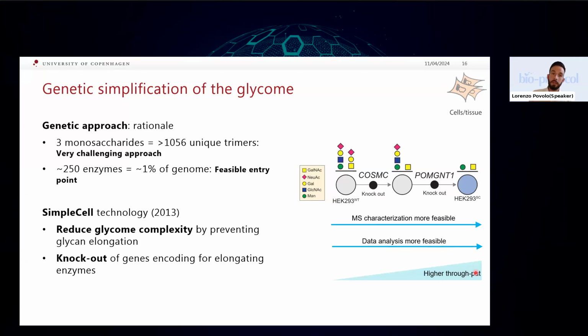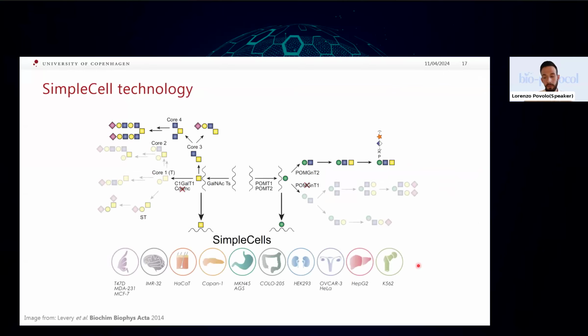And so the SimpleCell technology has been developed mainly for 2 types of glycosylation. This is the O-GalNAc type of glycosylation and O-mannosylation, where respectively a genetic knockout of the Cosmc chaperone and the POMGNT1 glycosyltransferase lead to a reduced complexity of O-GalNAc and O-man proteins, leading to these respective proteins carrying a single GalNAc or mannose sugar.